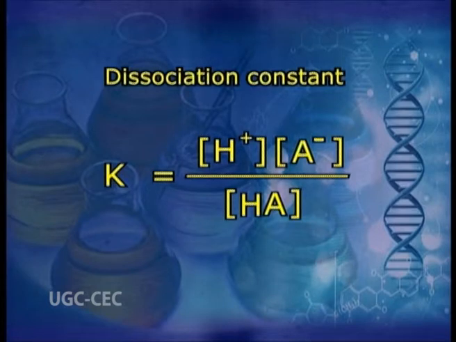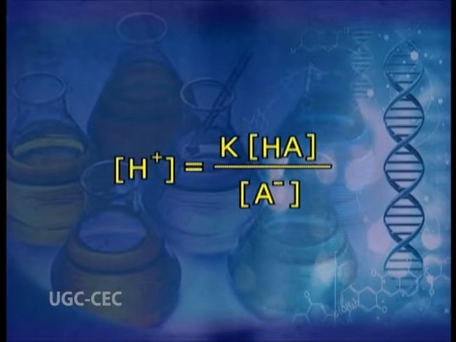Dissociation constant K is equal to the concentration of hydrogen ion times the concentration of acetate ion upon the concentration of acid. Rearranging the equation to isolate the hydrogen ion concentration, the concentration of hydrogen ion is equal to the dissociation constant K times the concentration of HA upon the concentration of acetate ion.